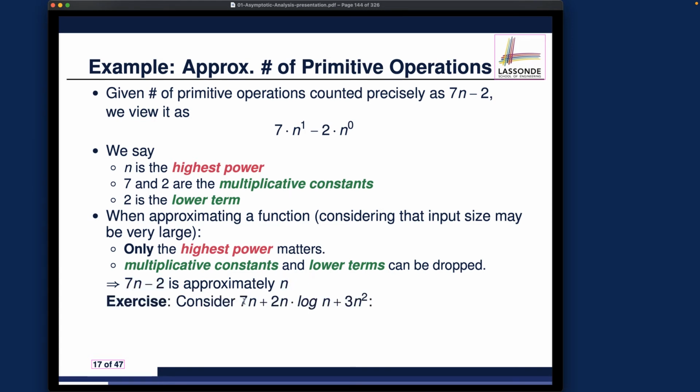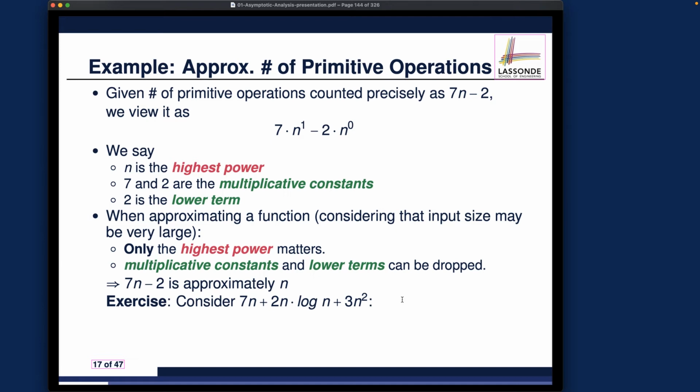So what about this particular formula over here? I'm going to write it on my iPad, but meanwhile, I would like you to think about how we can approximate it, according to what I just said. So it's 7n plus 2n multiplied by log n.